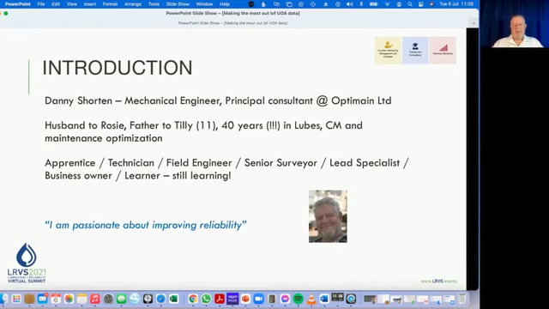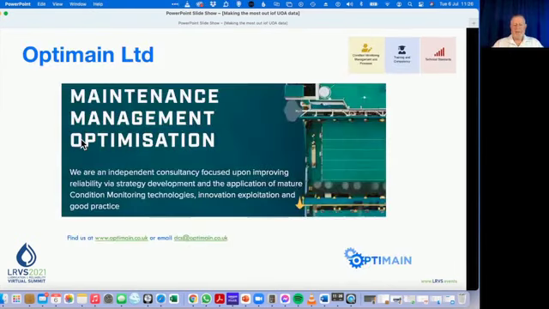My company is a company called Optimain. There we go. And that's about maintenance management optimization. We're an independent consultancy. We're focused upon improving reliability via strategy development within the organisation. So putting maintenance management at the same plane as health and safety and quality.